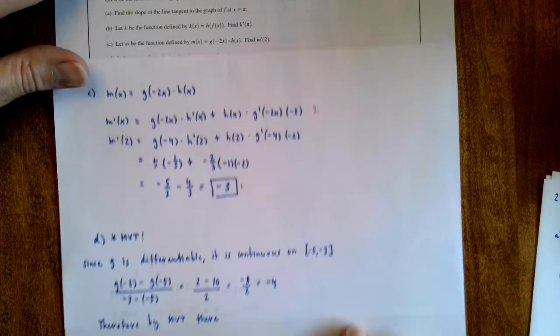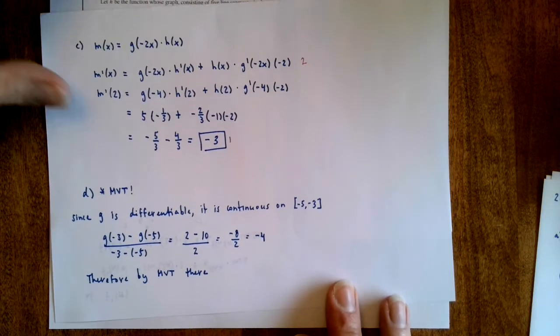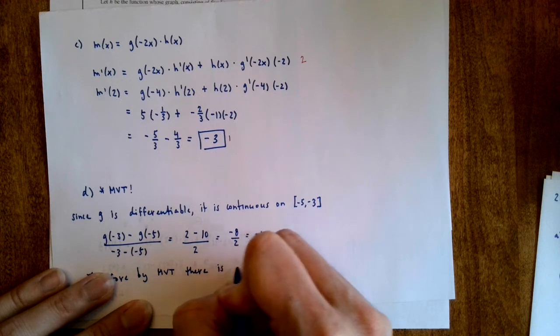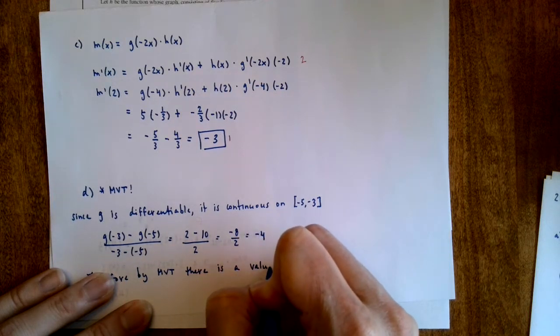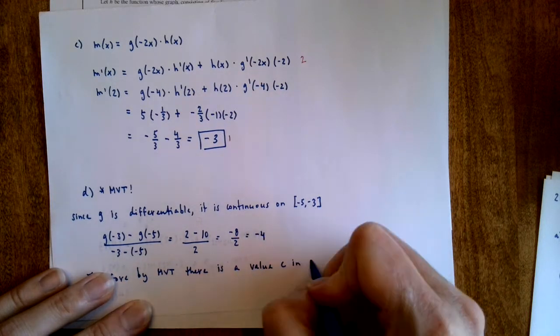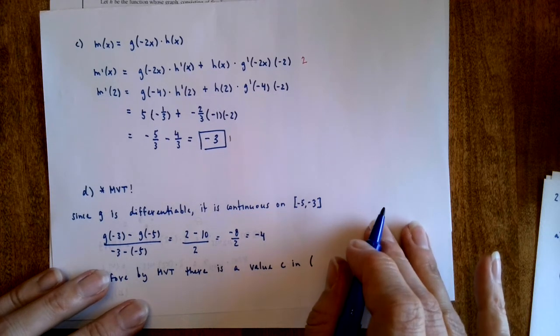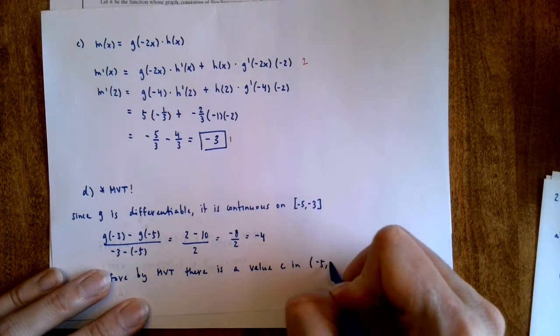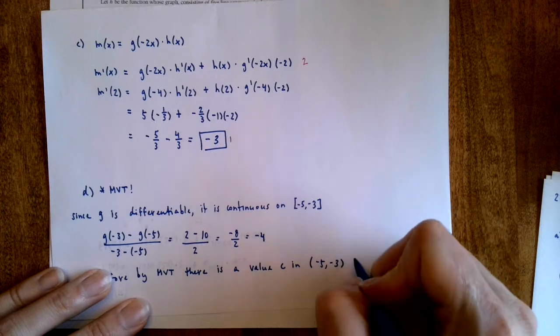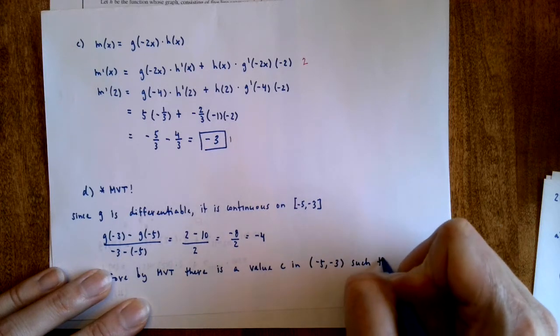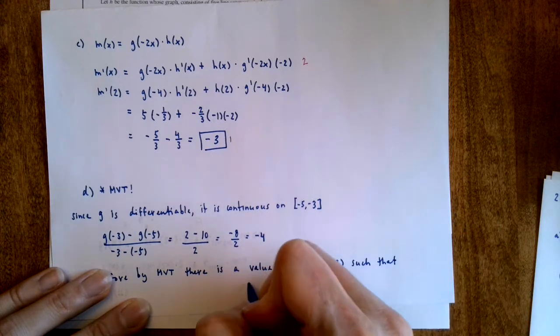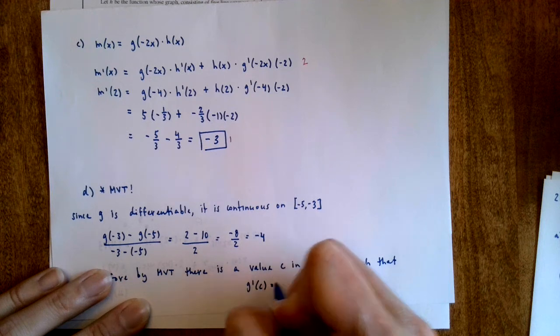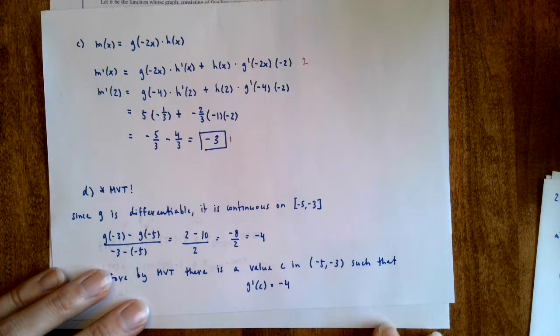So I'm going to use that same wording. I'm going to say by MVT, there is a value C in the interval from negative 5 to negative 3 such that g prime of C equals negative 4.